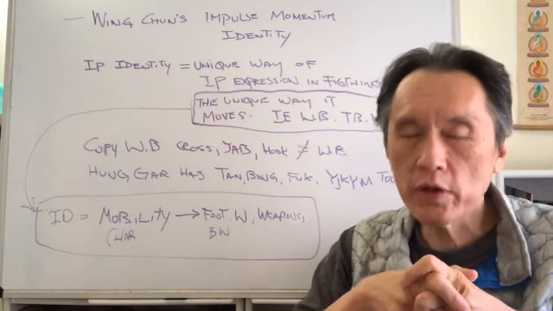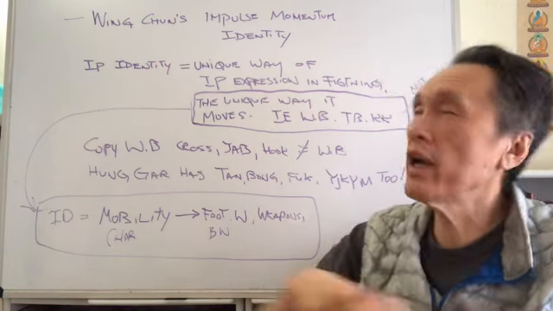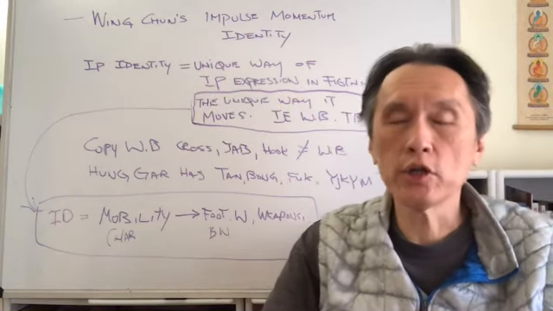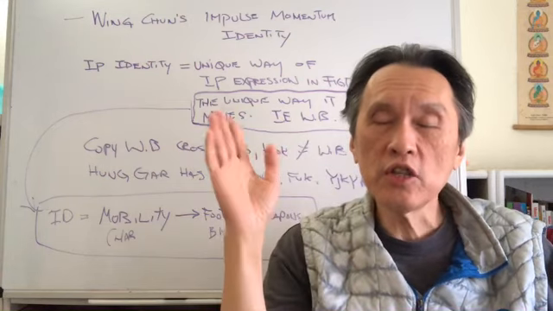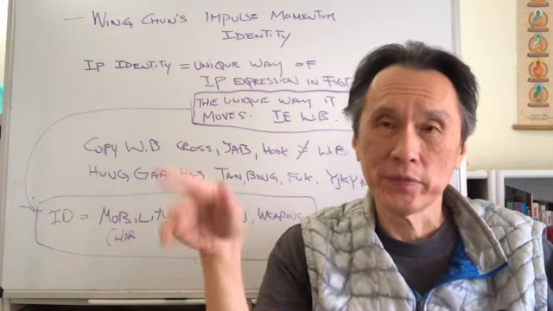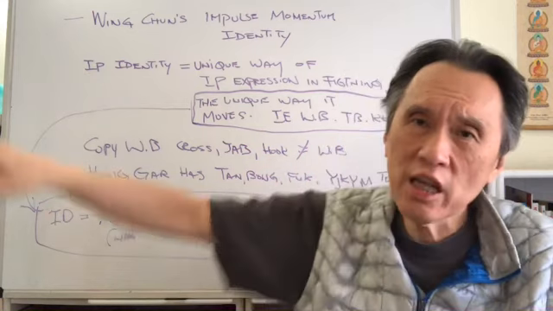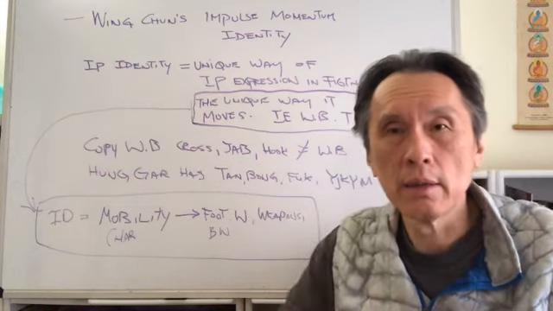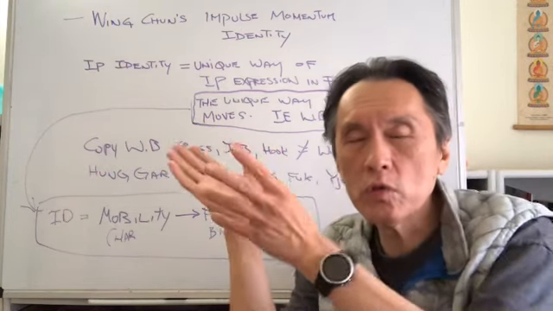So this is very important, okay? Seriously, if you don't have that imposed momentum identity, you don't have a martial art. And also, in the ancient days, when you talk about lineage, what is lineage? Lineage still has to keep that imposed momentum identity. You look at, for example, Kyokushin.